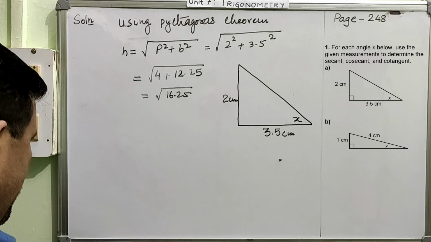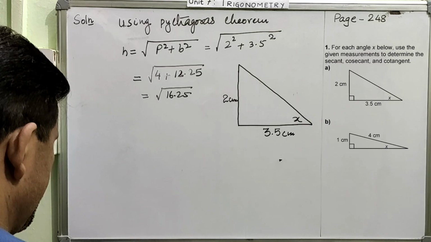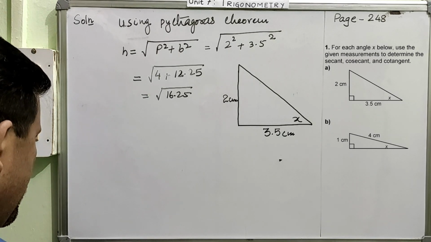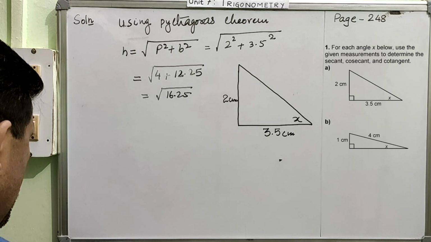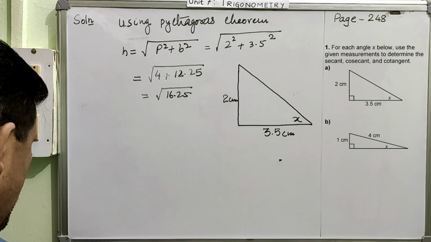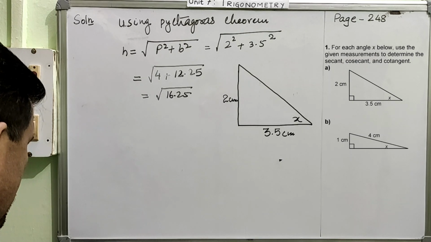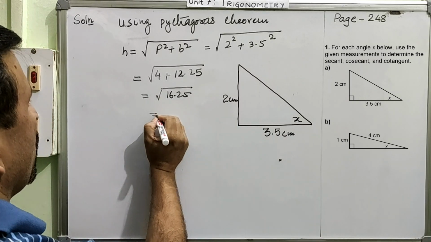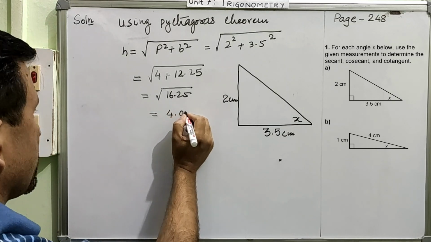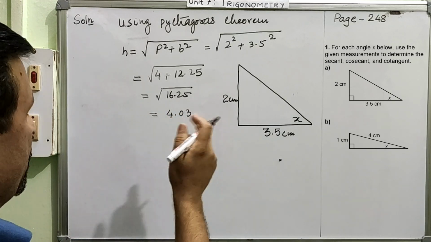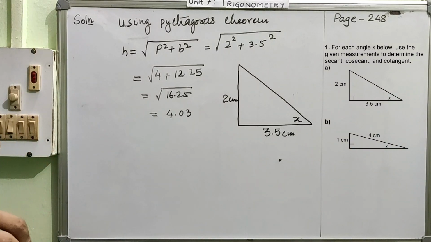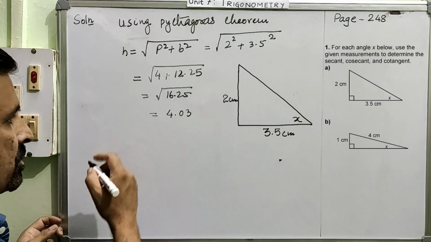So now we can find the value of root over 16.25, which is 4.03. This is the value of your hypotenuse. Is this very clear?